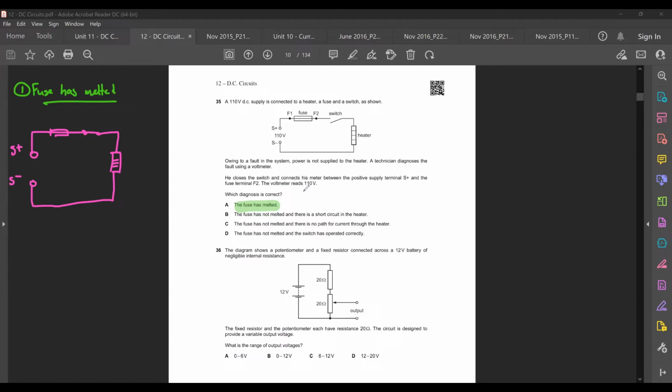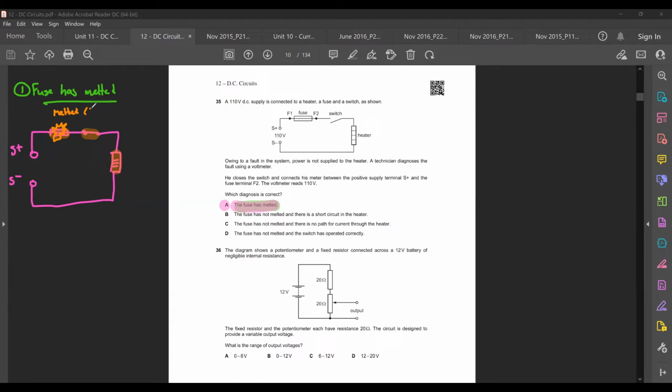Okay, so let's just say we assume right now this is what's happening. If you look at section A itself, where we say that the fuse has melted, let's assume that the switch is closed, the heater is here, and this is your fuse. When they say the fuse has melted, that means this one has melted.